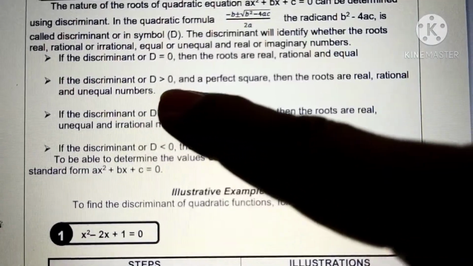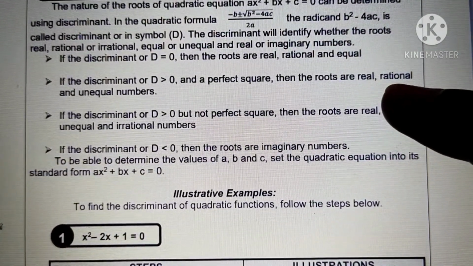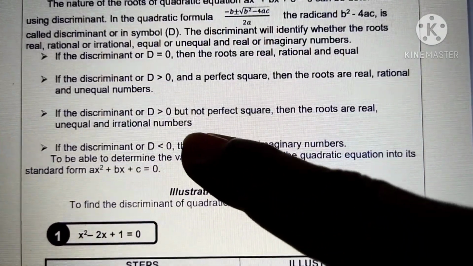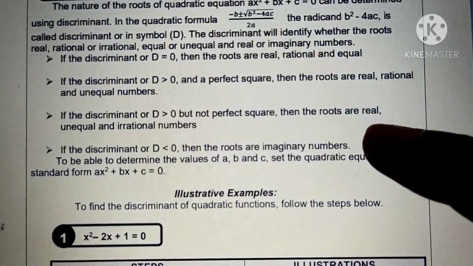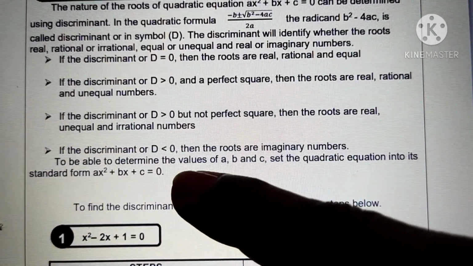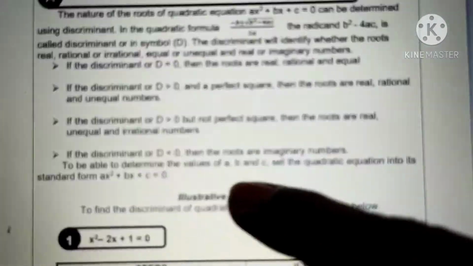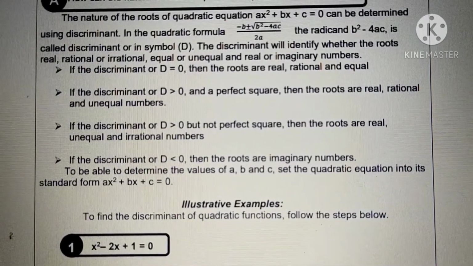If it is greater than 0 and a perfect square, then the roots are rational and unequal. If it is greater than 0 but not a perfect square, then the roots are real, unequal, and irrational. While if the discriminant is less than 0, therefore the roots are imaginary numbers.